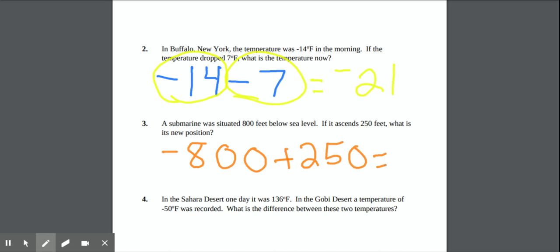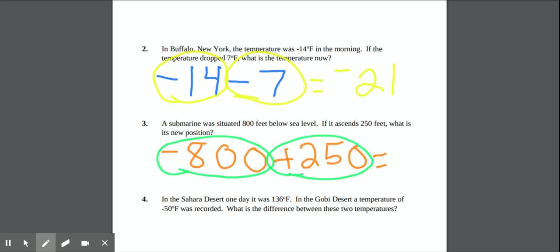Now, what do we have? Do we have two positives or two negatives? We got a negative 800 and a positive 250. We have different signs, subtract. Keep the sign of the higher value, then you'll be exact.